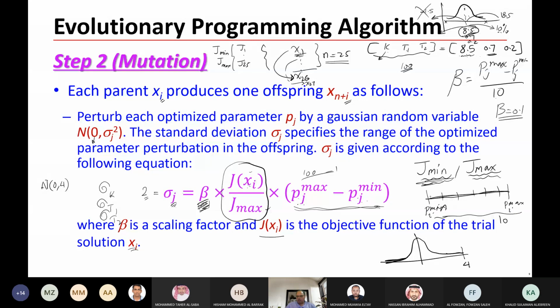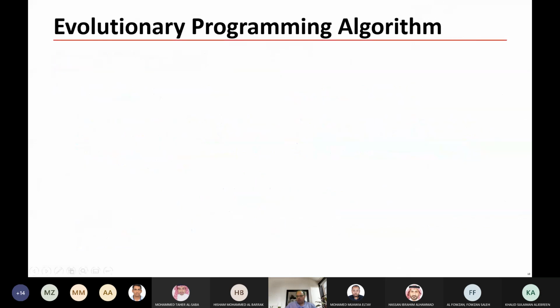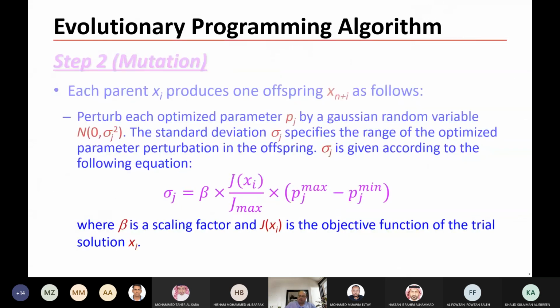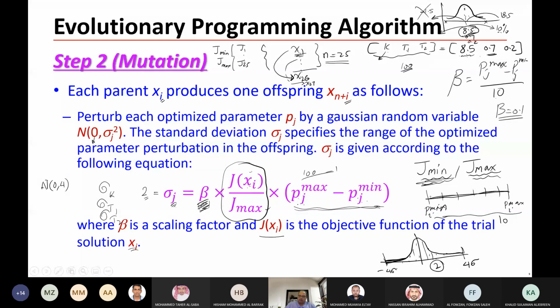This is 4 sigma, and this is minus 4 sigma. If sigma equals 1, you are going from minus 4 to 4. You select any random number here. Assume that you select 2.